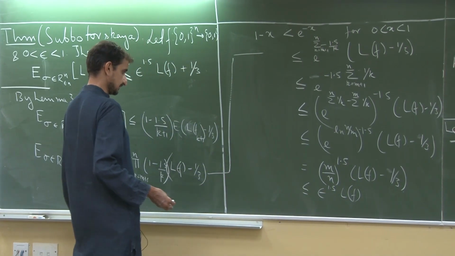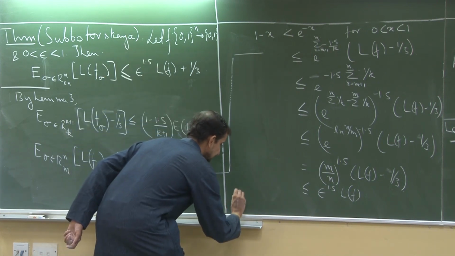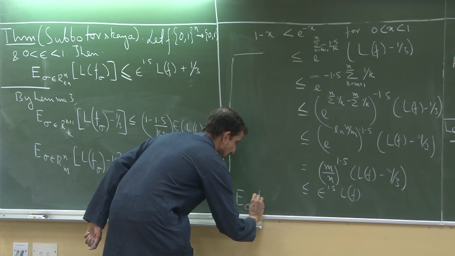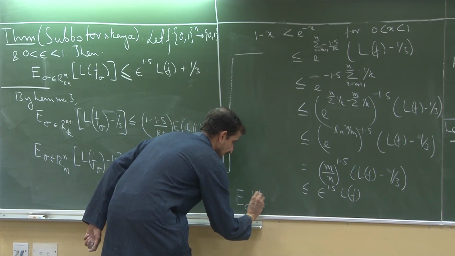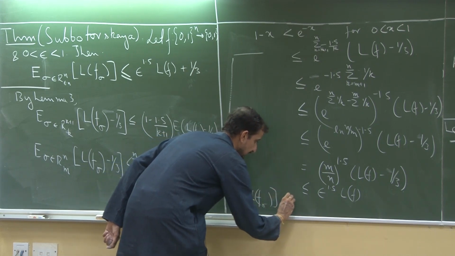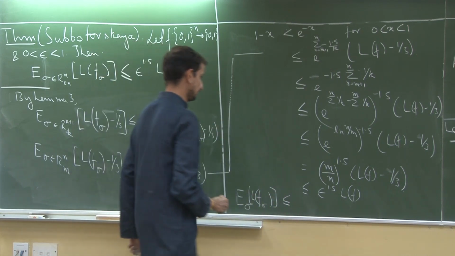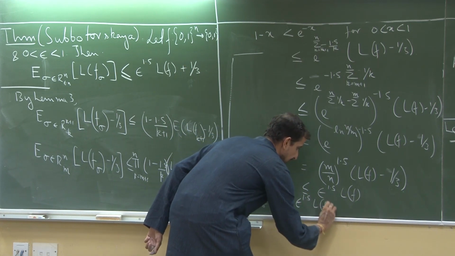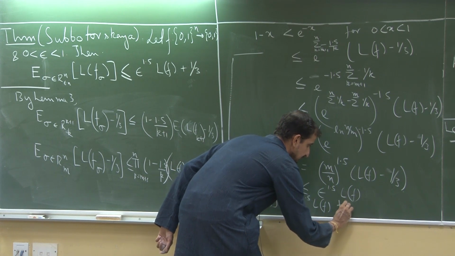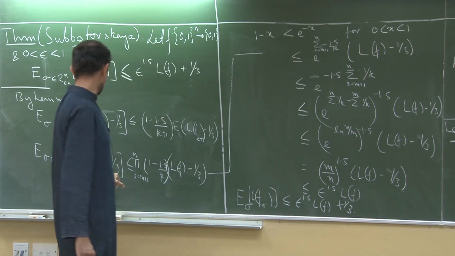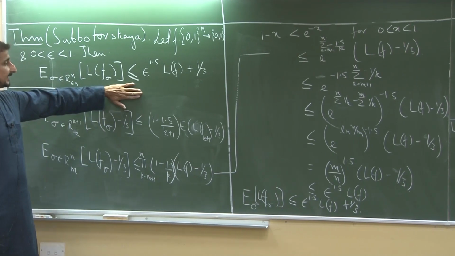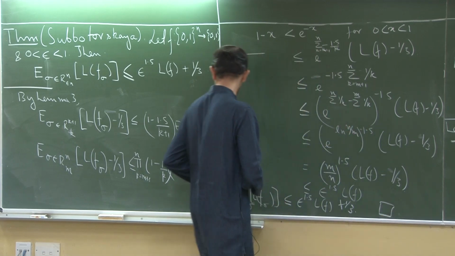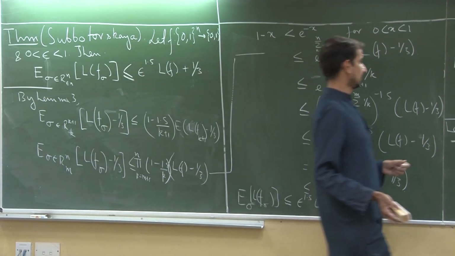What I get is the expectation of sigma L of f sigma is less than or equal to epsilon to the power 1.5 L of f plus 1/3. I bring this 1/3 on the right hand side, and that gives us the theorem.